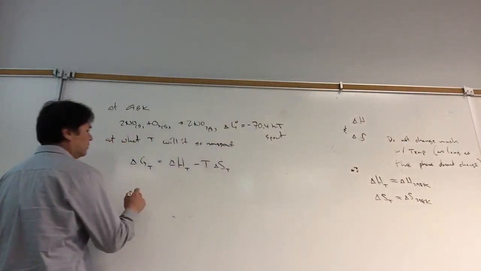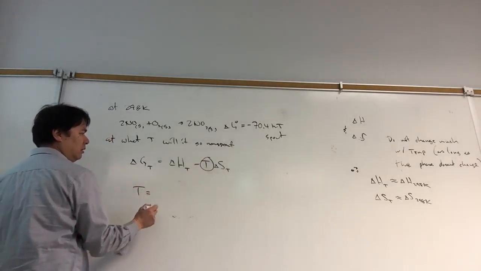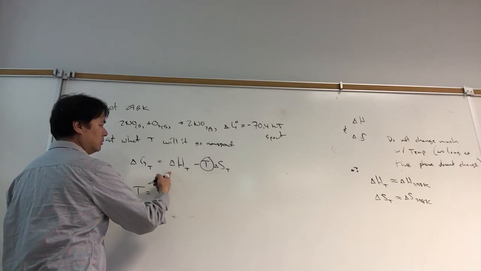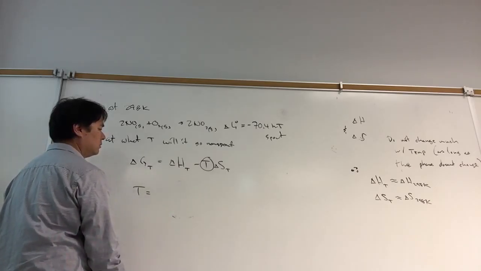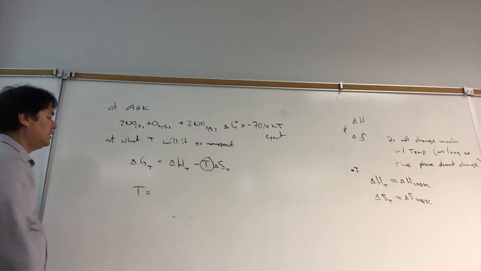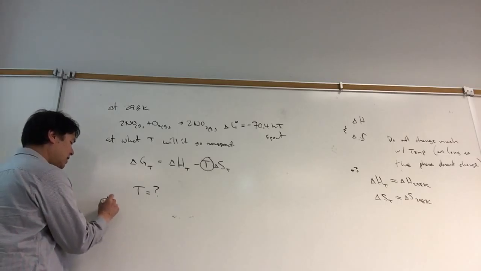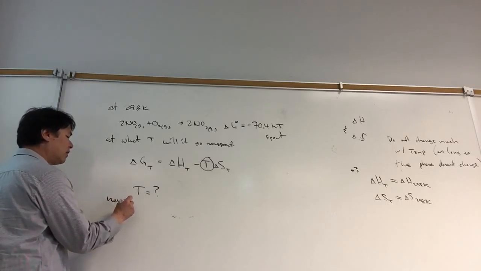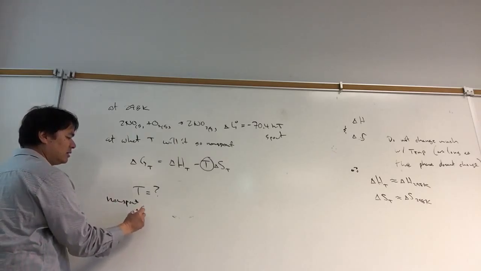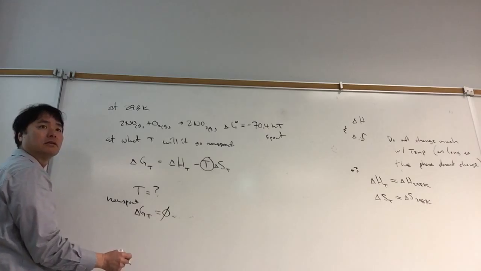And so this is what we're going to do. We're going to solve for the temperature. Well, non-spontaneous means that right now it's negative. And so what I need to do is get my delta G at some temperature to go to 0.